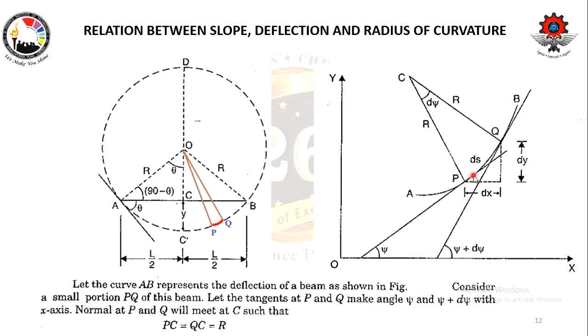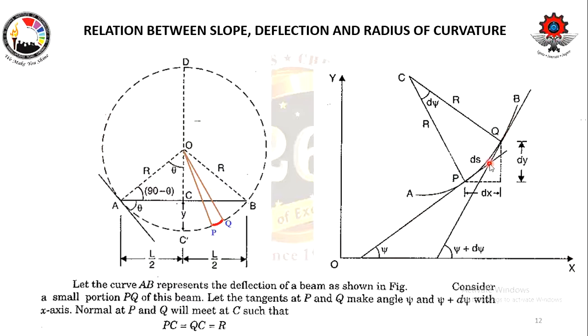So they have taken the distance of PQ as ds, and the angle included for this sector PQ is d psi, and the radius of curvature is CP and CQ. How to obtain the radius of curvature?